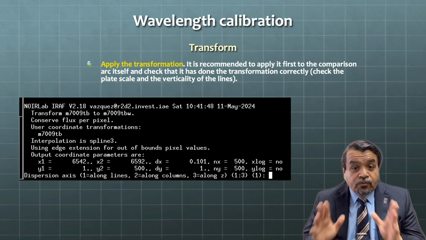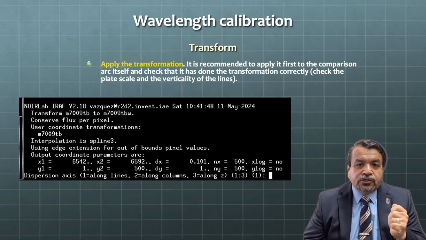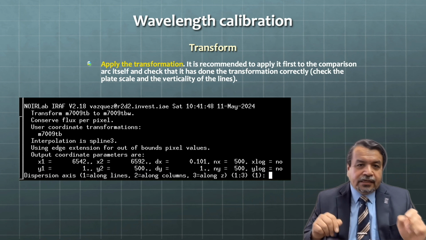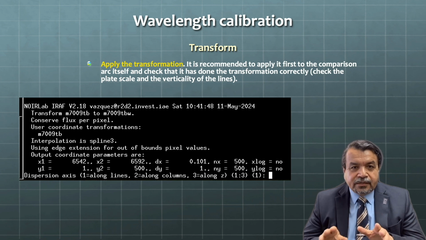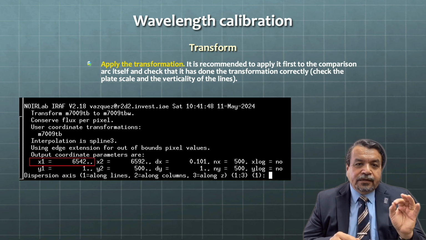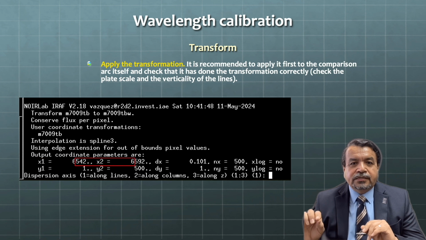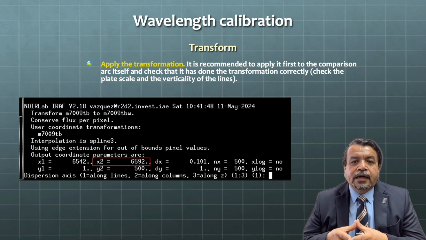And at this very moment, it is going to display to us in a small square image what the value of each pixel is, both on the left and right sides, at the bottom and top, and it is going to inform us about the dispersion. In the case of X, which is of utmost importance to us, there exists the wavelength, the initial one at 6542 angstroms, the final one at 6592 angstroms, and zero dispersion, with a precise measurement of 101 angstroms per pixel.